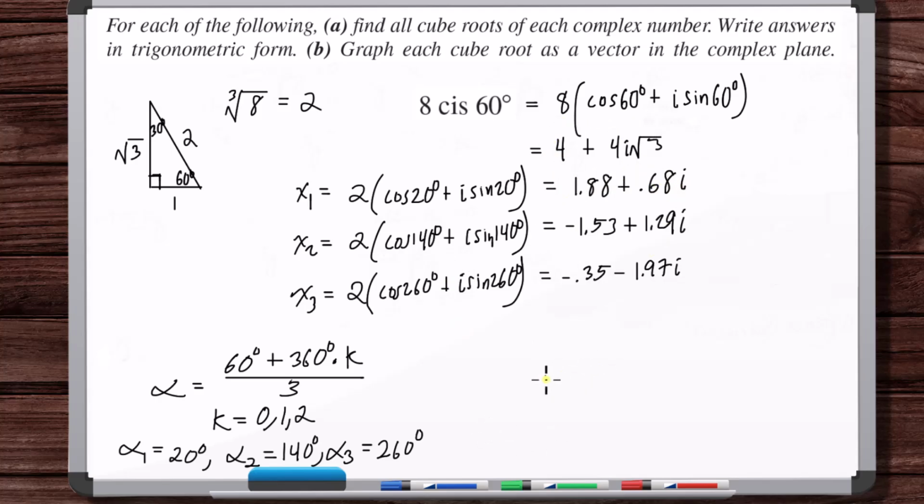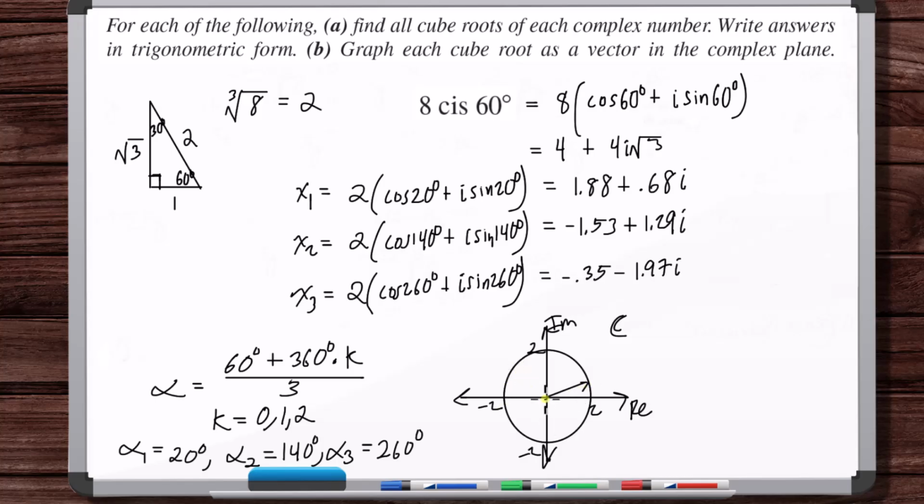Okay, now let's plot them in the complex plane. So they're going to have this common radius of 2. The first one's going to be at 20 degrees, so right in there.